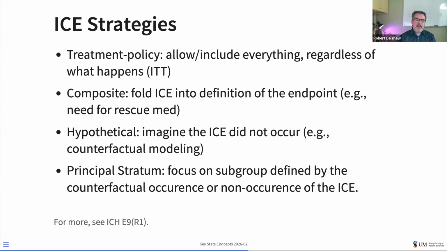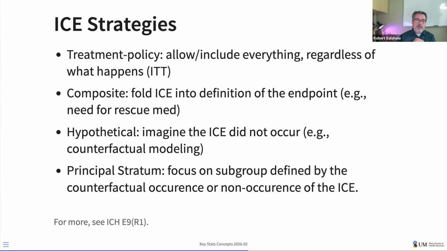And then there's the principal stratum analysis, where we focus on subgroups that are defined by the counterfactual occurrence or non-occurrence of the intercurrent event. And that mouthful, I have to admit, is still on my list of things that I need to absorb and get more deeply into.